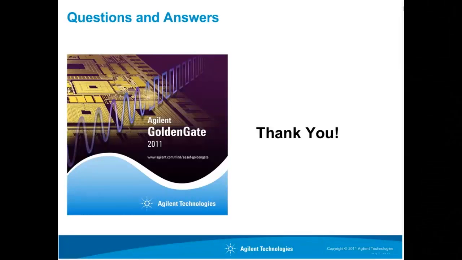Yeah, so the answer that I chatted into the chat window is basically you can run Cadence netlist directly in ADS, or if you capture your circuits directly in ADS, you can certainly take advantage of the Ptolemy-based simulator and co-simulation native in ADS to do the same types of verification that Paul was outlining here for GoldenGate.